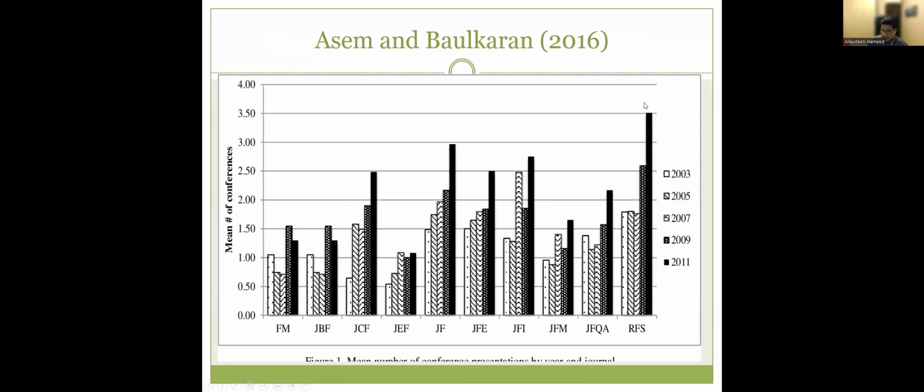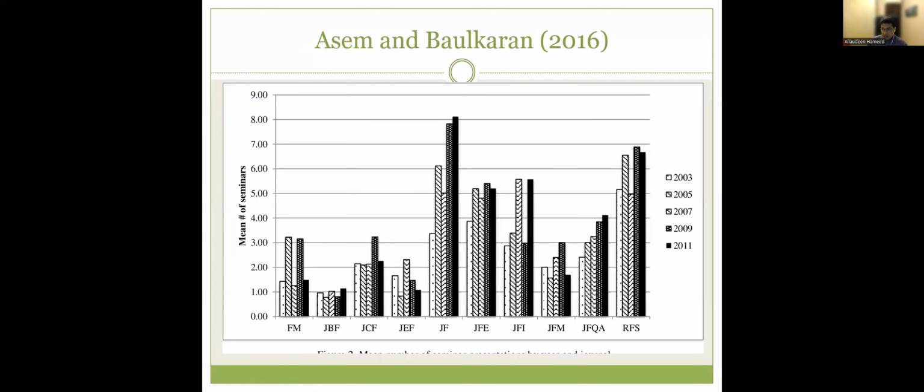And what you will find is that JFR, maybe RFS, are journals that seem to have a high number of conference presentations, right? Compared to, say, the big journals, they are still high, but it's not higher than the top journals. So if you want to go for top journals, getting signals and feedback from conferences is an important way of polishing the paper and the idea.